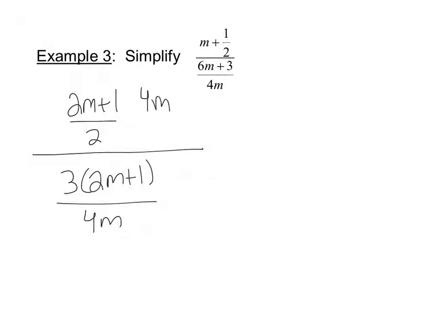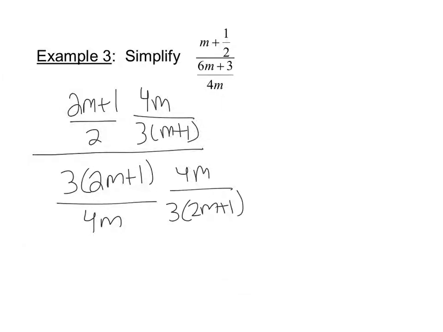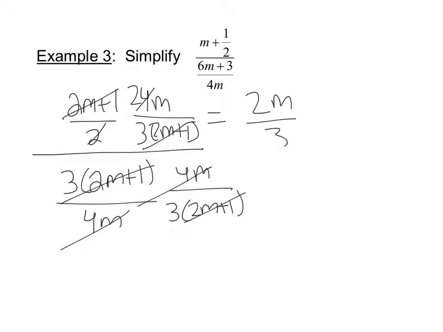So you have 4m over 3 times 2m plus 1. These all cancel, and then here 2m plus 1's cancel, the 2 and the 4 simplify, so this time it's 2m over 3. That was the only difference. So just because that m's there doesn't mean it can't simplify, okay?